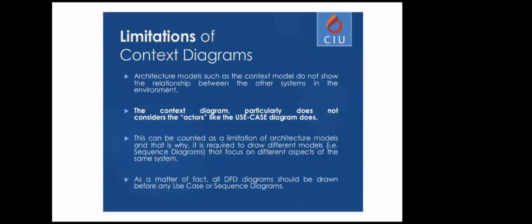The context diagram particularly does not consider the actors like the use case, which is what I said. This can be counted as a limitation in terms of architecture because different entities can require different kinds of interactions, and this diagram does not really consider that. I think this is one of the reasons why this diagram was abandoned and wasn't taken among the big five of the UML specifications.